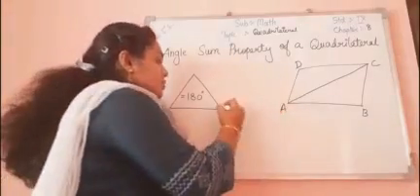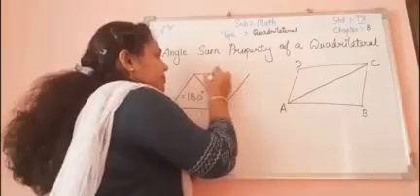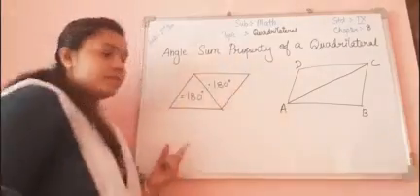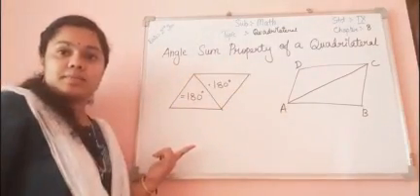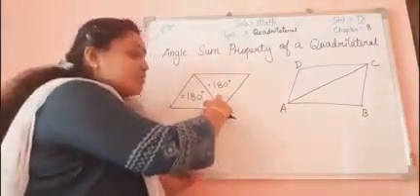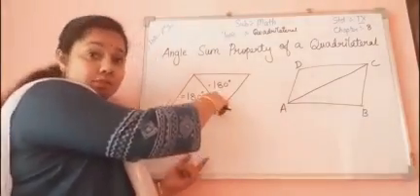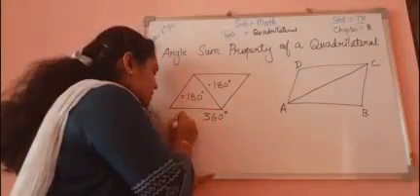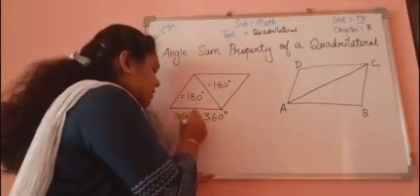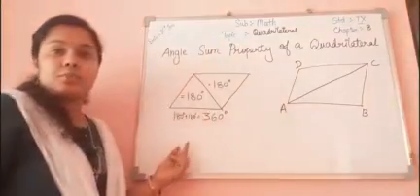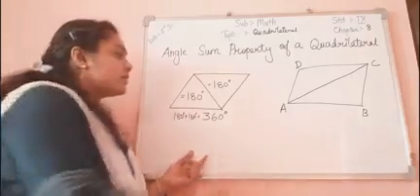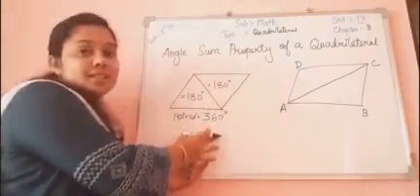If I draw two triangles, this would also be 180 degrees each. So the angle sum property of two triangles would be 180 plus 180, which is 360 degrees. Clear?